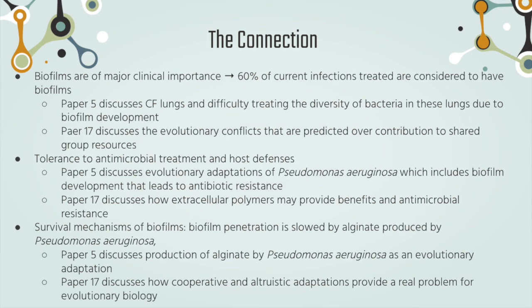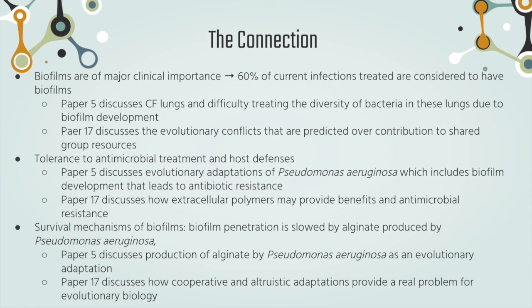Another major point is tolerance to antimicrobial treatment and host defenses. In paper 5, we discussed evolutionary adaptations of Pseudomonas aeruginosa, which includes biofilm development that leads to antibiotic resistance. Paper 17 discusses how extracellular polymers may provide benefits and antimicrobial resistance.